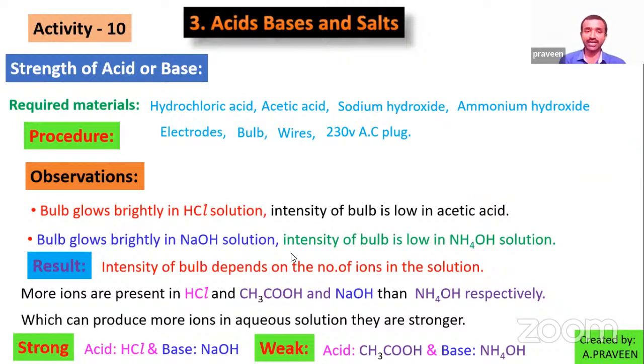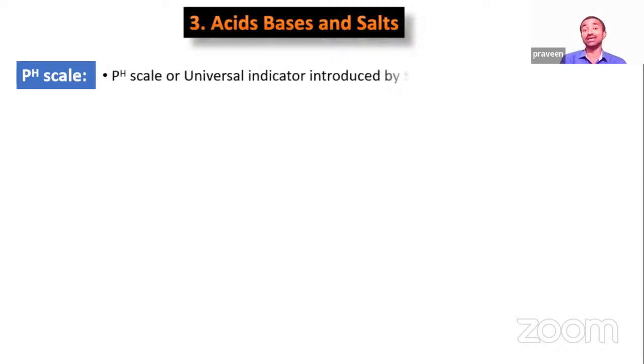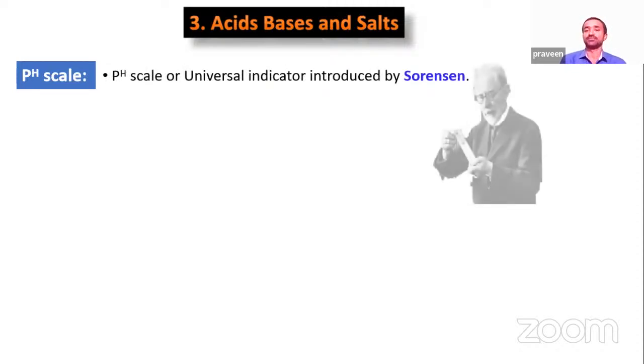Then let us move to the next topic, which is the pH scale. Next topic is the pH scale. So what is the pH scale actually? Simply, this pH scale is also called the pH indicator or universal indicator, introduced by Sorensen.